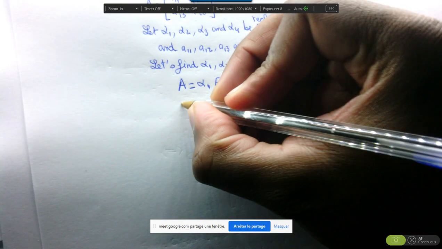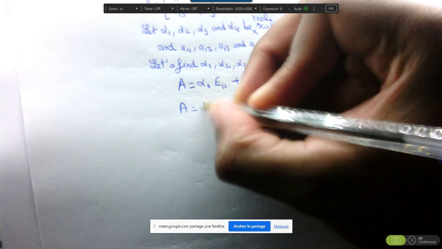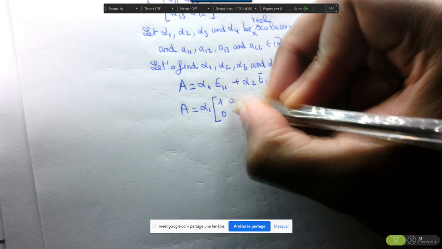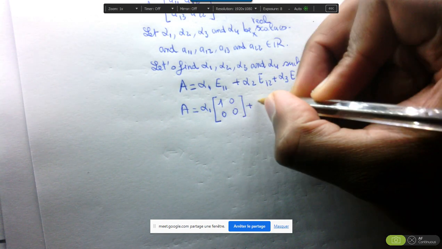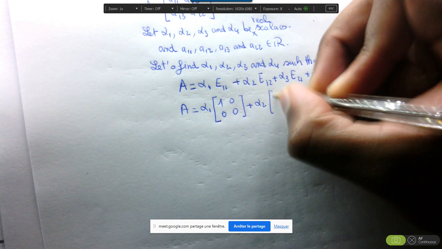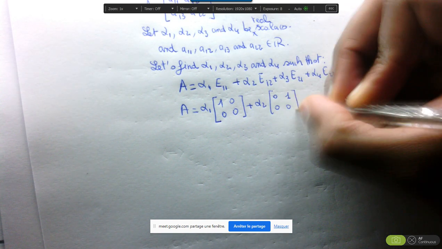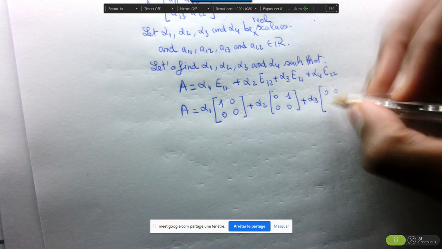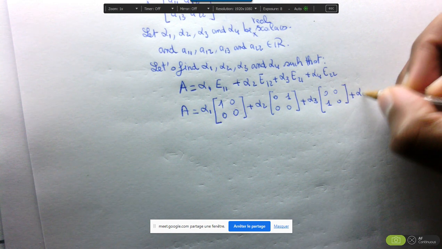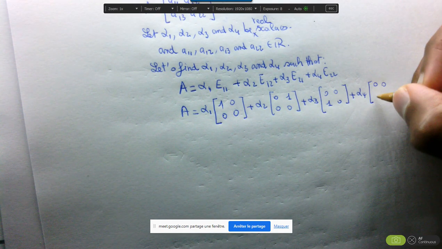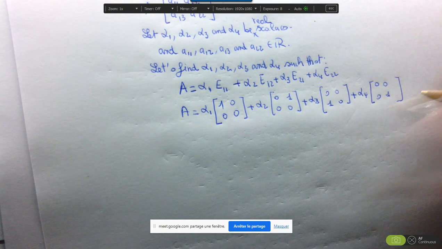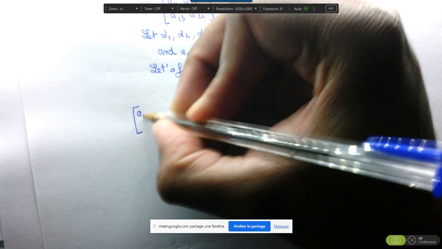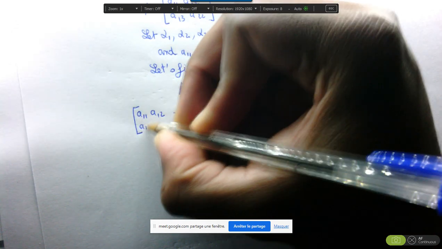So A will be equal to alpha 1 [1 0; 0 0] plus alpha 2 [0 1; 0 0] plus alpha 3 [0 0; 1 0] plus alpha 4 [0 0; 0 1]. So let me write A here. A is actually [a11 a12; a21 a22].